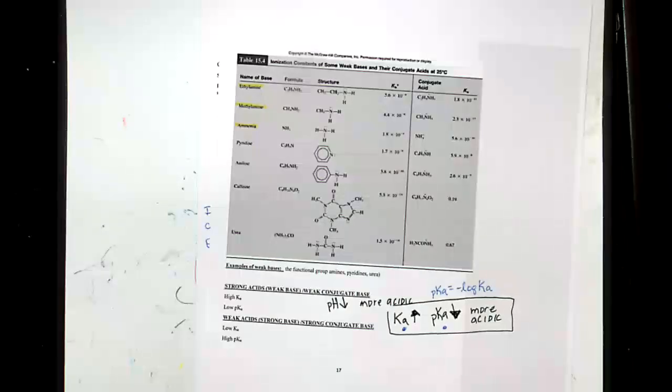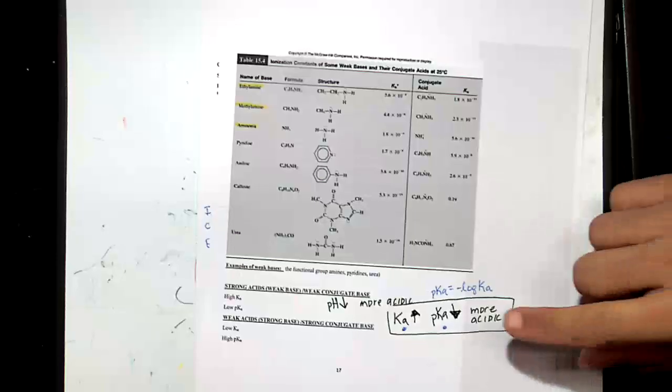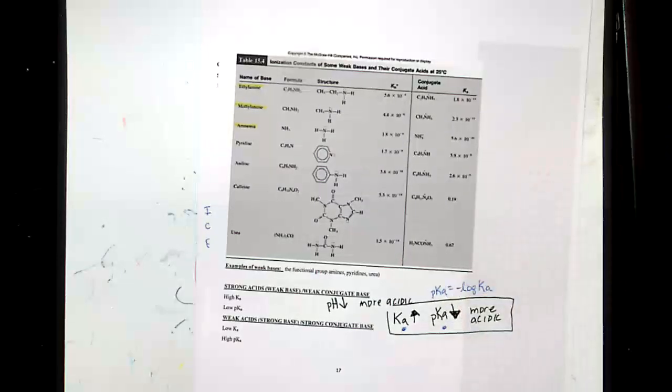Alright, so just letting you know on the quiz, on the exam, okay, I'll give you 5 acids. I'll give you the Ka, or I may be smart and give you the pKa. Okay, so what you want to do is compare evenly across the acids. Compare the pKa's. The lowest pKa will be the strongest acid. The highest pKa will be what?